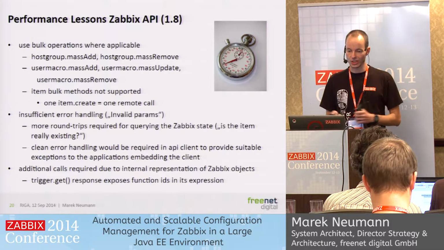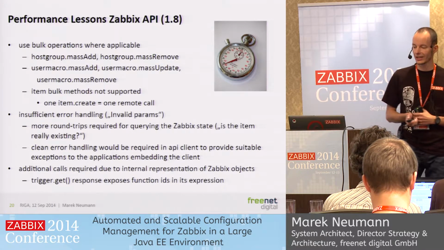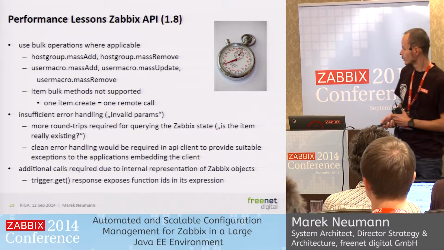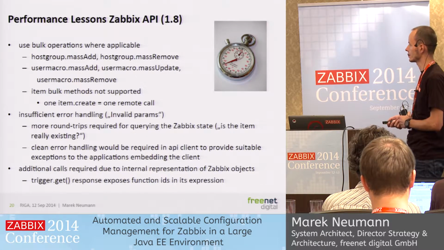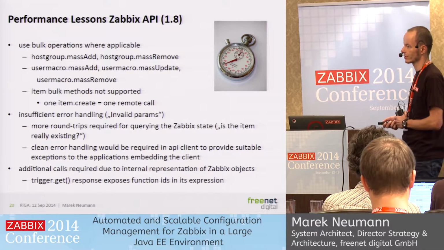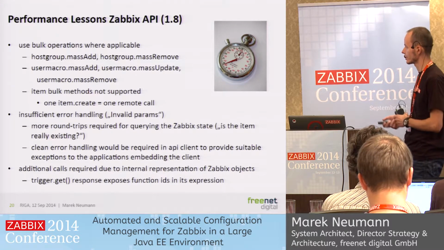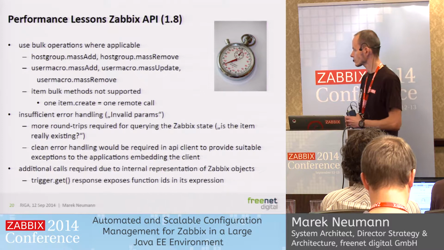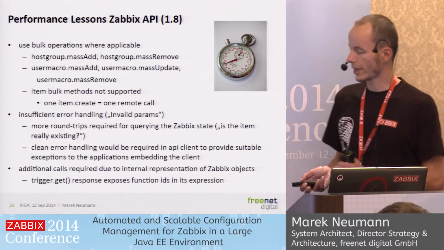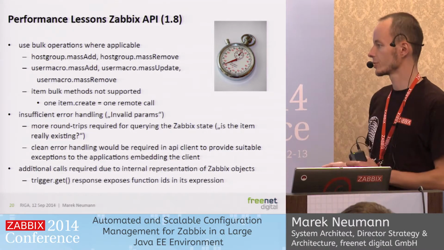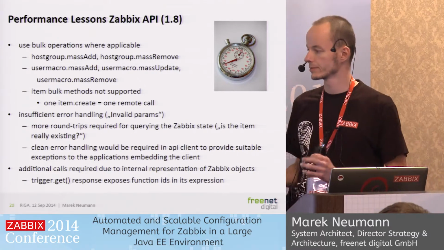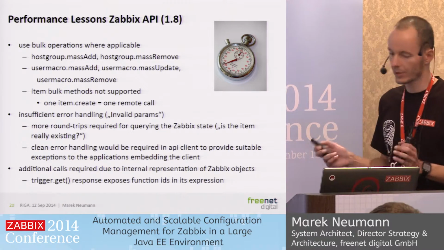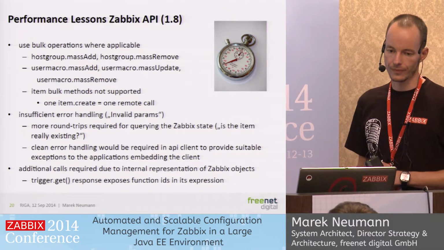So there is one generic error message for most of the cases, and it is really hard to figure out what exactly is the error, what happened. This has much improved in the latest versions, so we are very happy to have it in Zabbix 2.2. And also there are often additional calls required because Zabbix is only returning some internal IDs. So maybe this gets better in future versions.